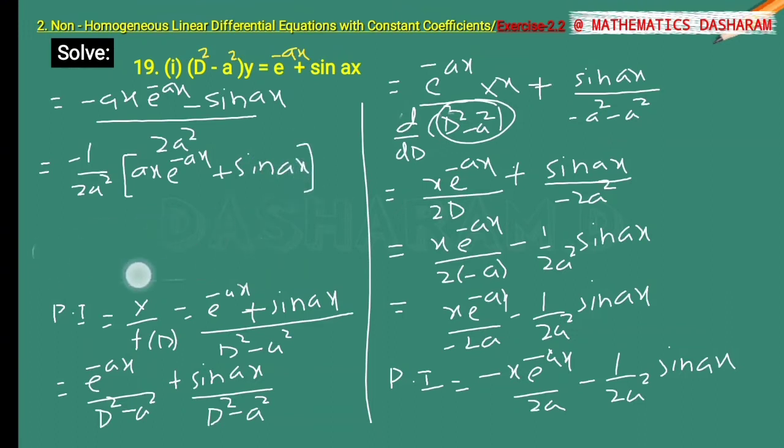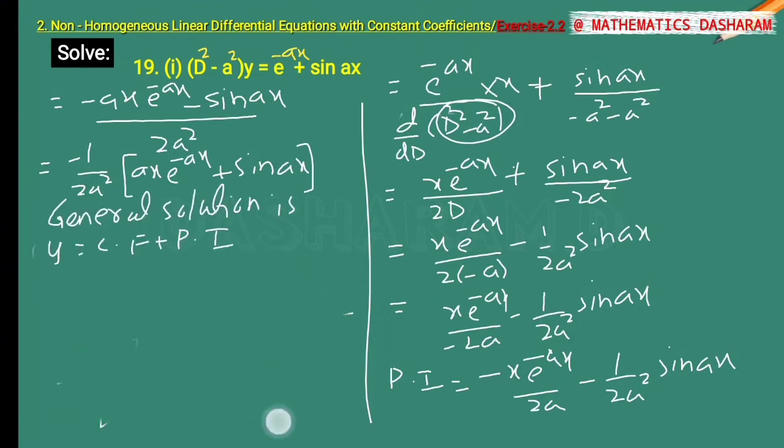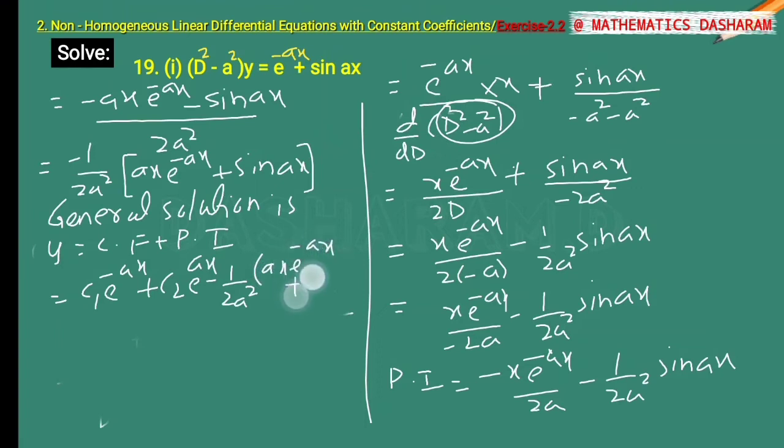So now the general solution is complementary function plus particular integral. So the complementary function is c1 into e to the power of minus ax plus c2 into e to the power of ax, minus 1 by 2a square bracket of ax into e to the power of minus ax plus sine ax, is our required answer.